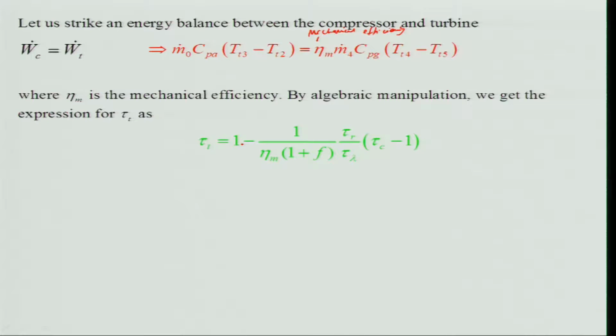Under what condition? When f is 0 and eta m is 1. That means this term will become 1 for the ideal cycle. Then tau t is the same as that. You can look at your notes, you will get that it is the same.